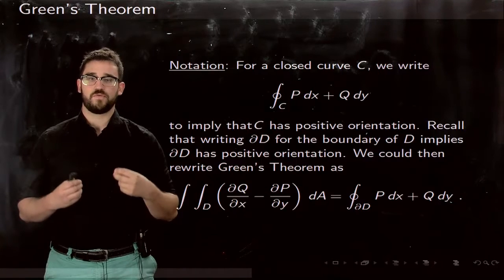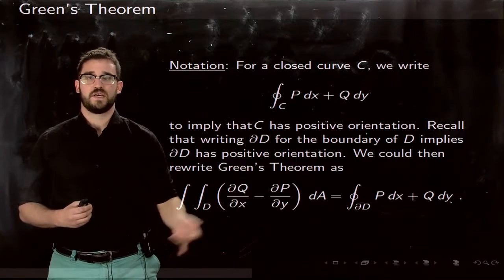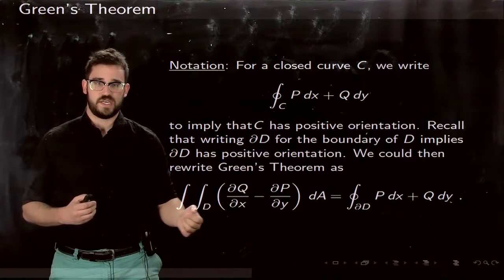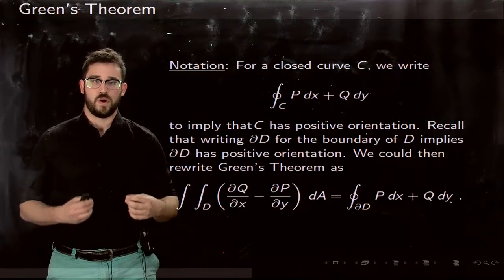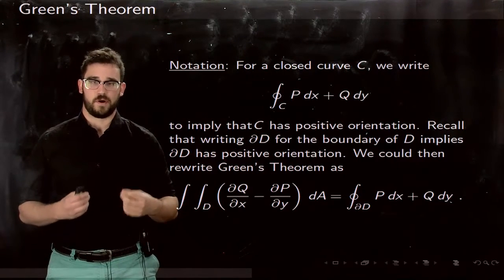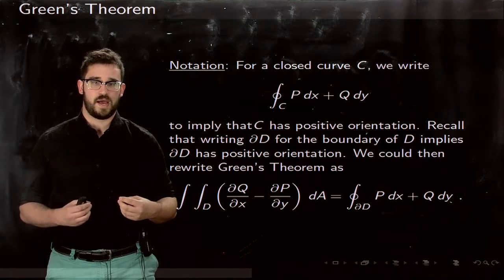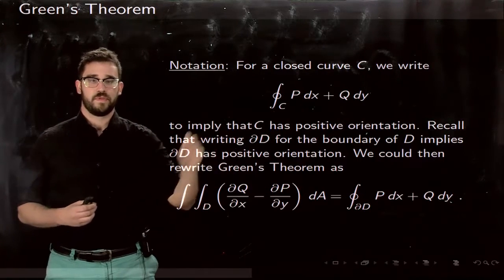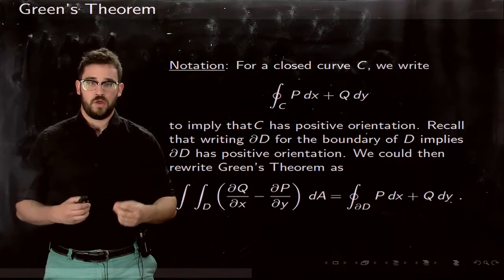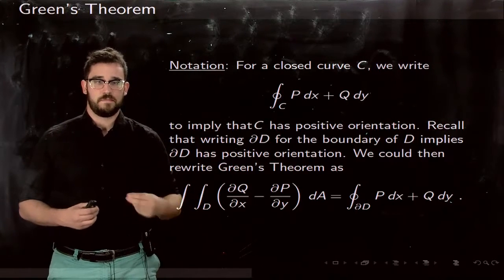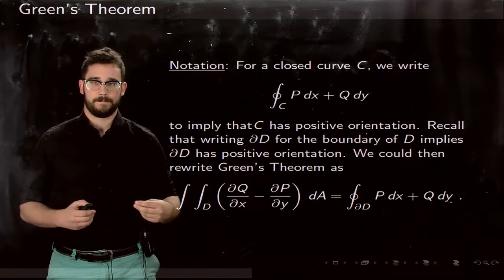So we could rewrite Green's theorem as the double integral over the region D of the partial of Q with respect to x minus the partial of P with respect to y dA equals the integral over the boundary of D of P dx plus Q dy.